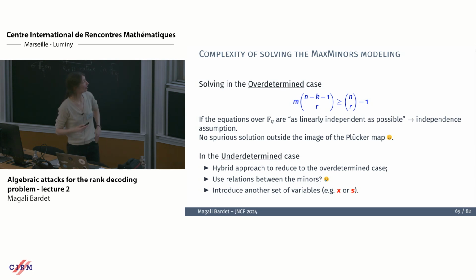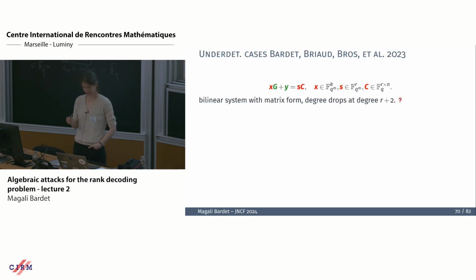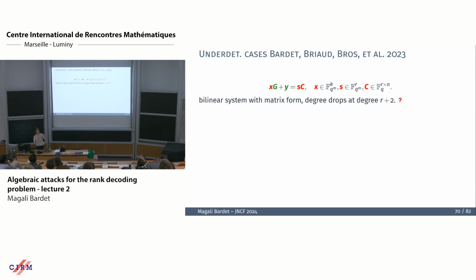We also have another modeling that introduces another set of variables from the beginning, and I will try to explain this second modeling. I start again from my equation here. We remove the x variable by applying the parity check matrix, and then the s variable by taking the minors.